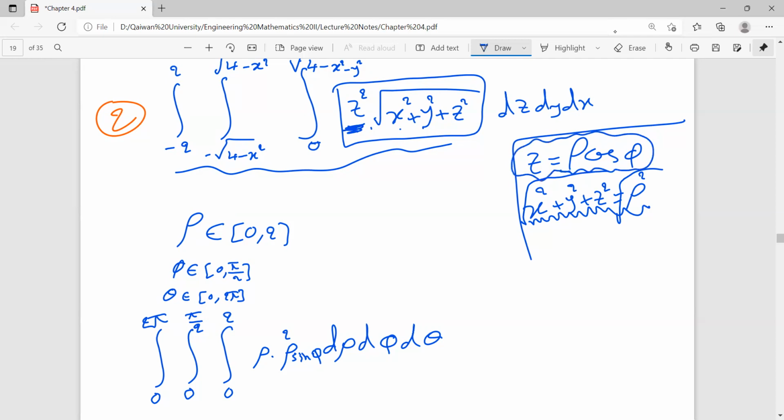If we square it, it becomes rho squared cosine squared phi. Rho squared cosine squared phi times rho. This rho is for the square root of x squared plus y squared plus z squared, and this is z squared.